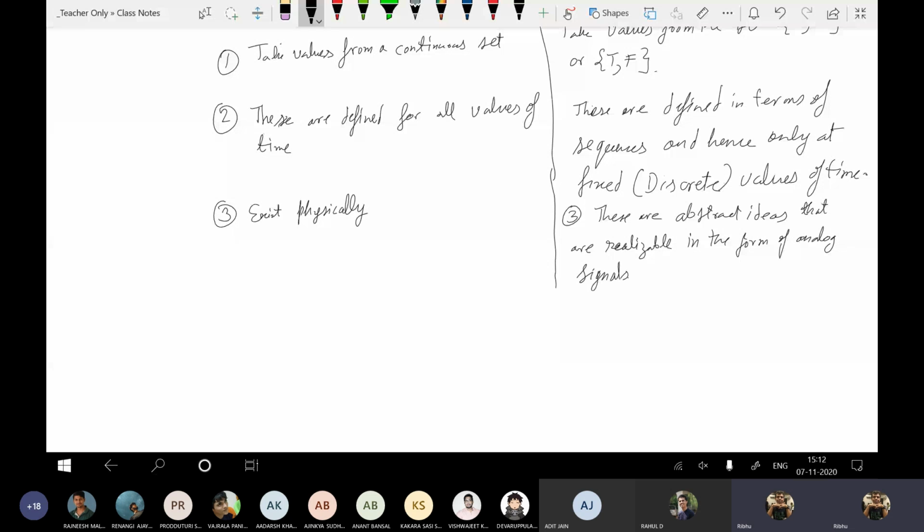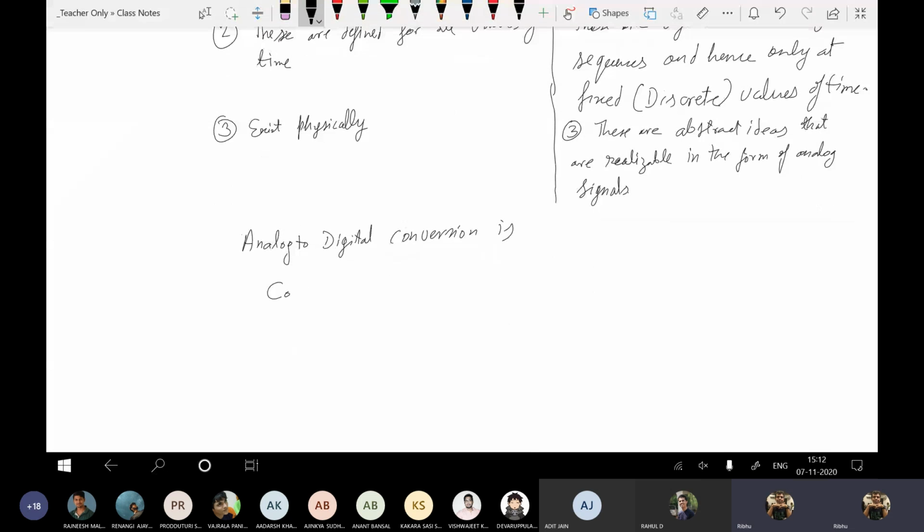So in general, analog to digital conversion is the conversion of a continuous time, continuous valued signal to a discrete time, discrete valued signal.